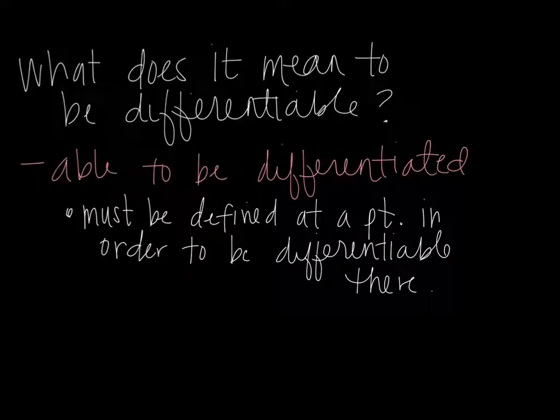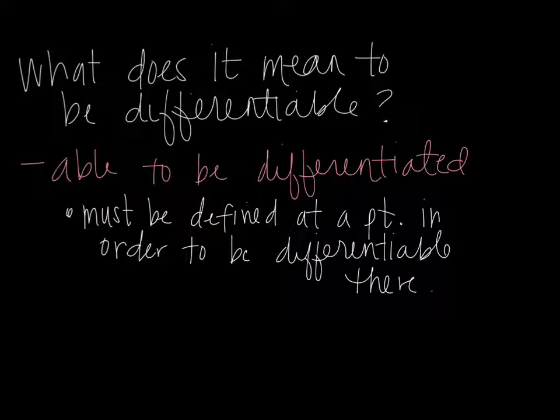The next question was, what does it mean to be differentiable? Well, basically it just means it's able to be differentiated. There are some functions where we need to take a look at it further at specific point values. So the function must be defined at a specific point in order for it to be differentiable there.